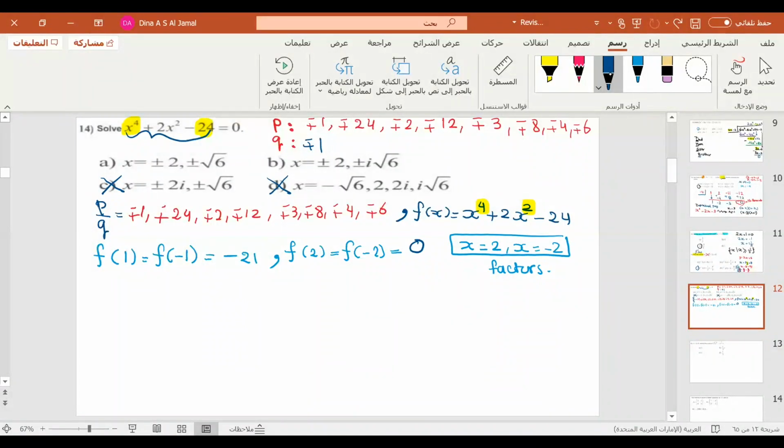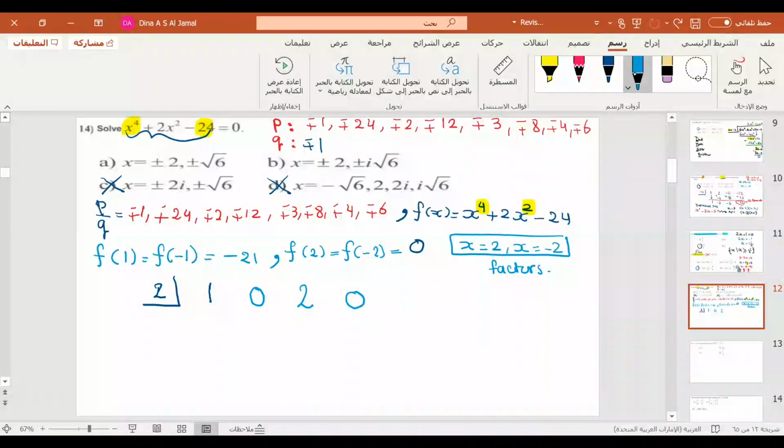Great. To know the other answers, let's use the synthetic division. Your factor, I will be choosing the 2. So now pay attention to the index form. You are having x to the power 4, so it is 1. Do you have x to the power 3? No, that means it is 0. Then 2. Then do you have x to the power 1?